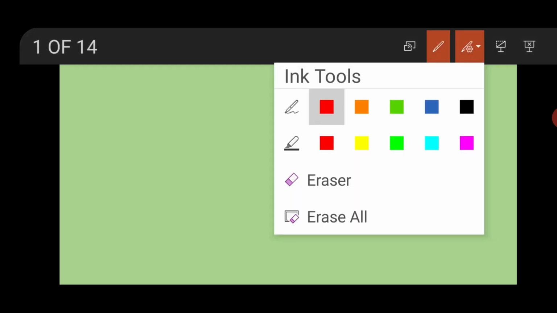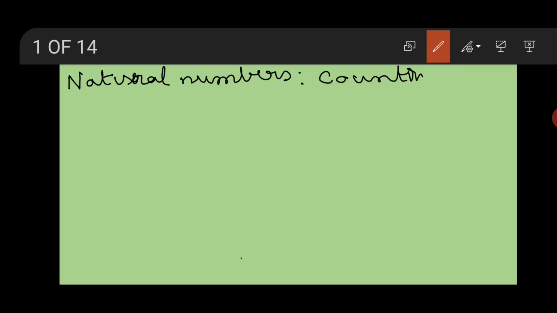Natural numbers. Do you know natural numbers? Yes, natural numbers are counting numbers. Counting numbers are called natural numbers.